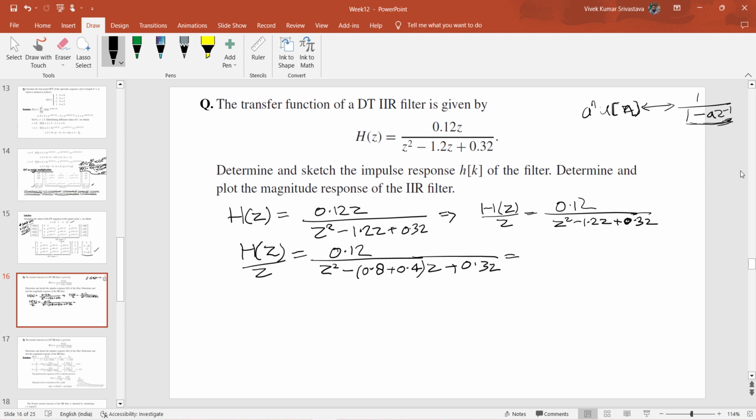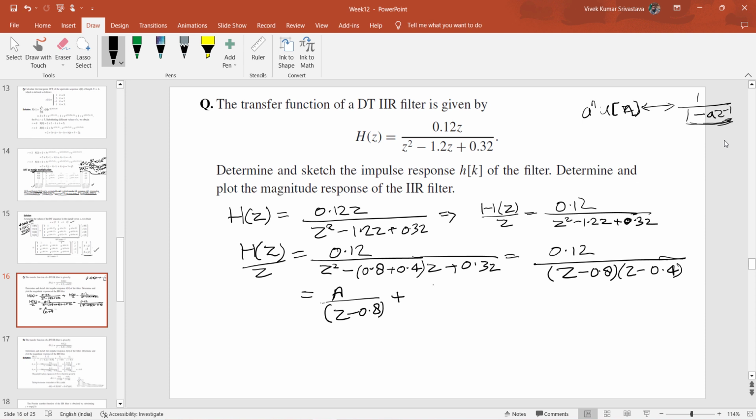Now you can factorize it. The two factors will be z minus 0.8 and z minus 0.4. So these are the two factors, and now we can use the partial fraction method so as to determine the coefficients A and B.